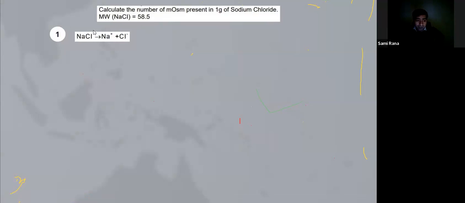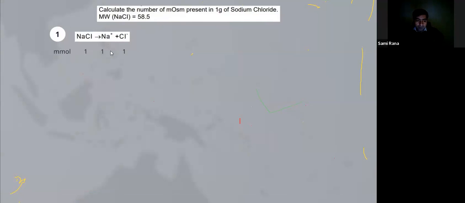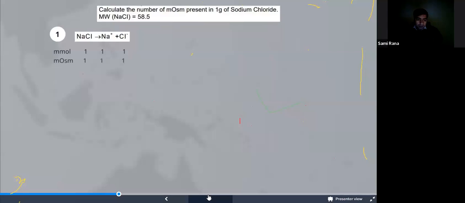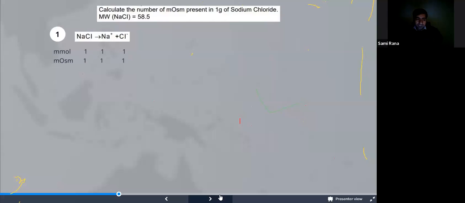So we will see about NaCl: 1 millimole of NaCl is going to give us 1 millimole of sodium and 1 millimole of chloride. Now we should be concerned about both of these because we are talking about osmolarity. By default, you should be considering both of these. The same thing applies to millimoles and milliosmoles because they are the same. So this is step one.